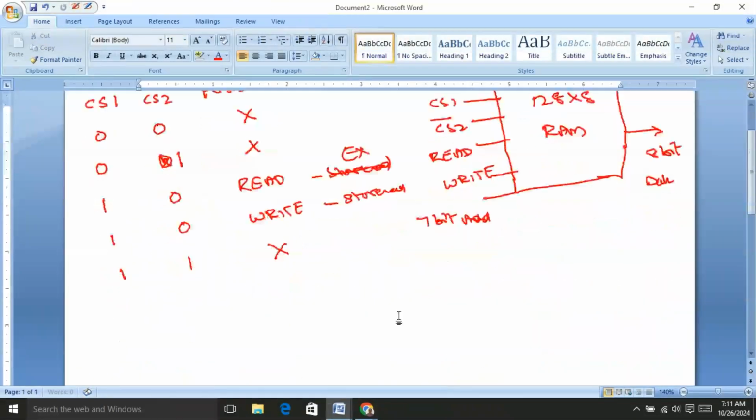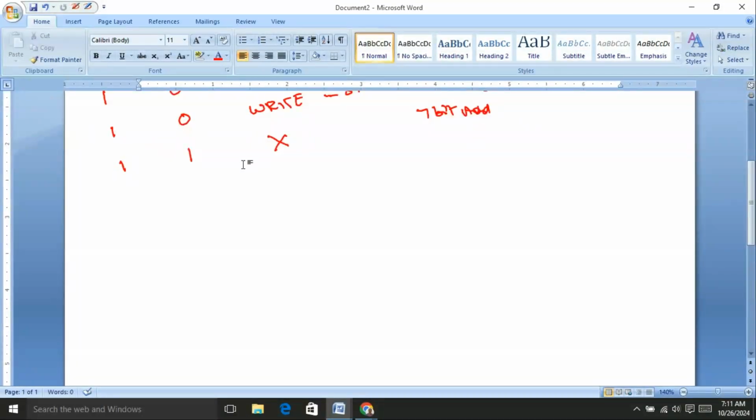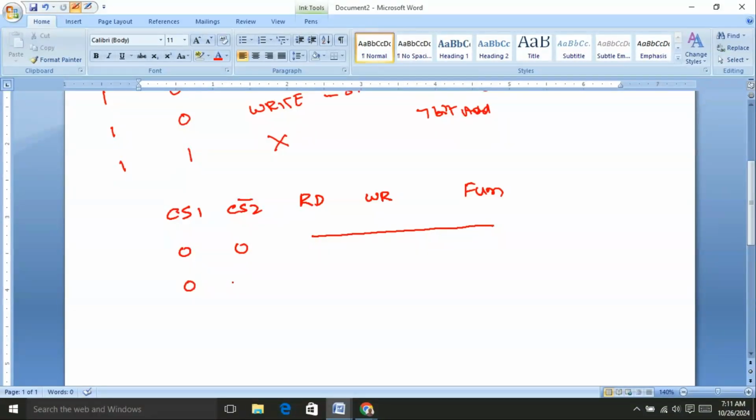For your understanding, once again I am going to explain this. Consider the read and write signals, that is CS1, CS2 bar, RD, that means read, WR, write, and function. So this is 0 0, nothing happens. This is 0 1, again nothing happens. This is 1 0, that means this chip is enabled, and read equals 1.